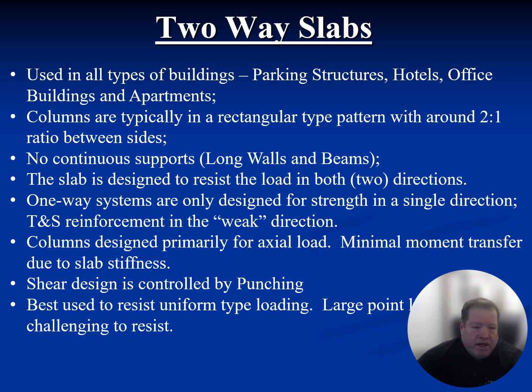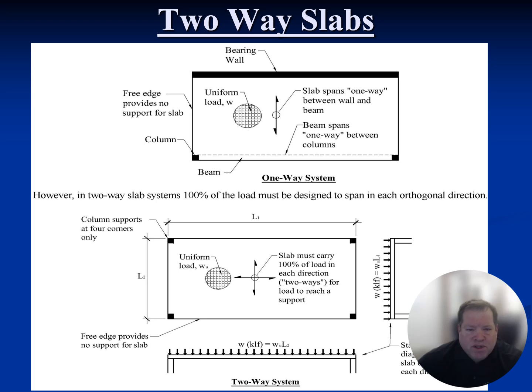If you're resisting a very large post load or a transfer slab with a 75, 80 kip point load, those are typically tough to do with two-way slabs just because of the parabolic profile we use and the limited depth system. So when you're doing uniform loading, two-way slabs are great. If you have a whole series of large point loads, that's typically challenging, and beams are usually the right solution for those situations.